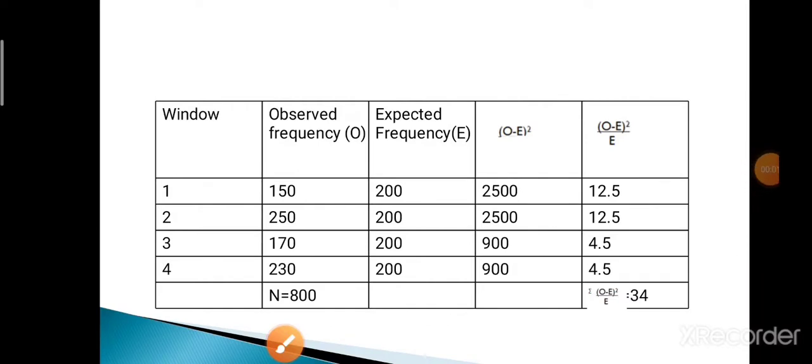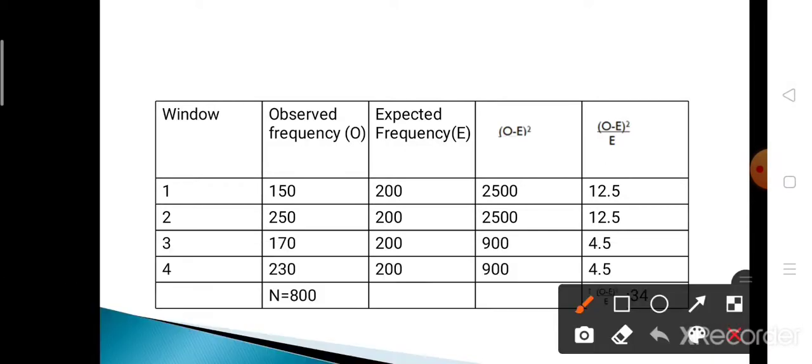Here there are 4 teller windows and the observed frequencies are 150, 250, 170 and 230, and the total observed frequency is 800. Now first calculate the expected frequency, that is E. O for observed and E for expected. So how to calculate the expected frequency?